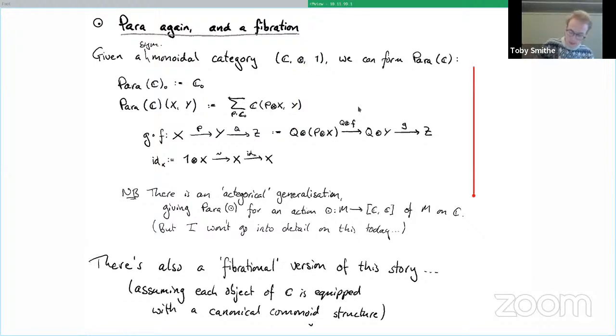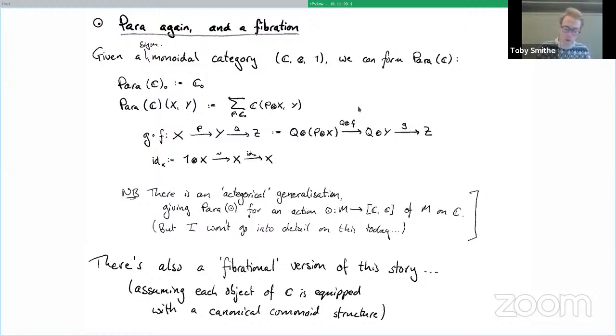And this is where para can be generalized, where we've got this monoidal action of some monoidal category on C. I want to note this because the machinery I've been developing hopefully gives us an internal category analog of this, except I don't entirely know how the more general version of the story goes, and it might be nice to talk about later.